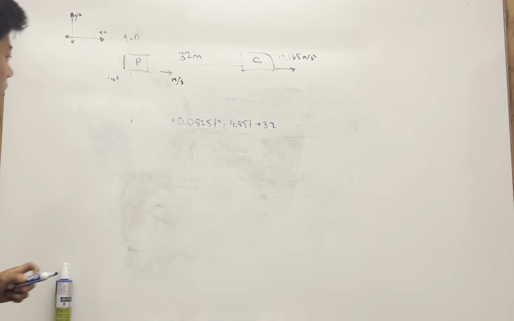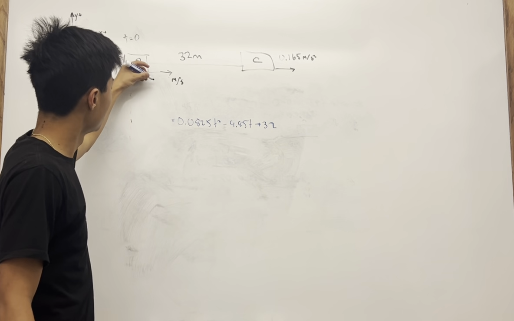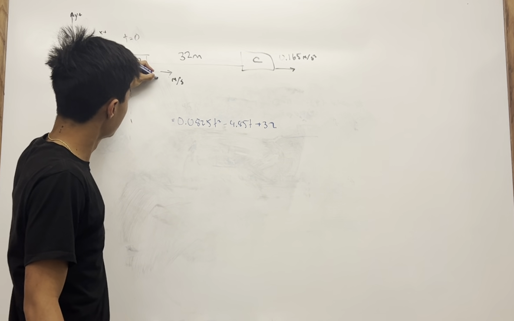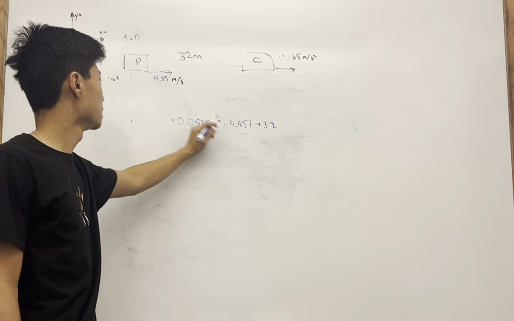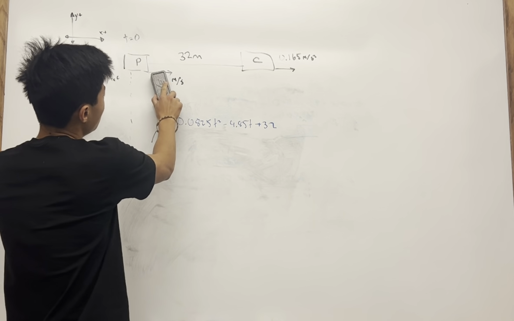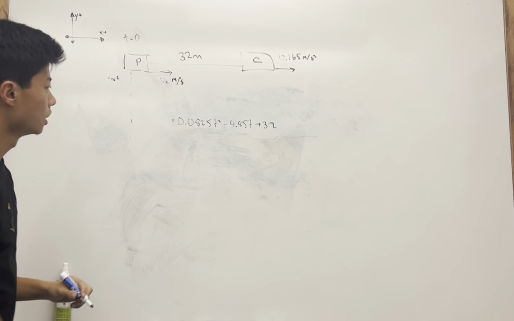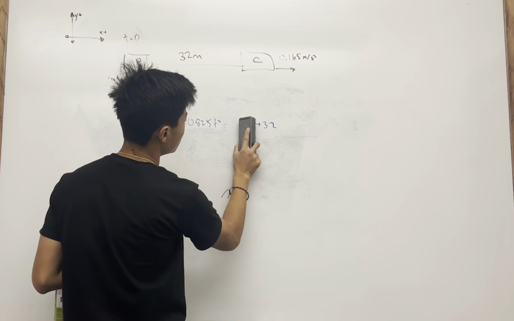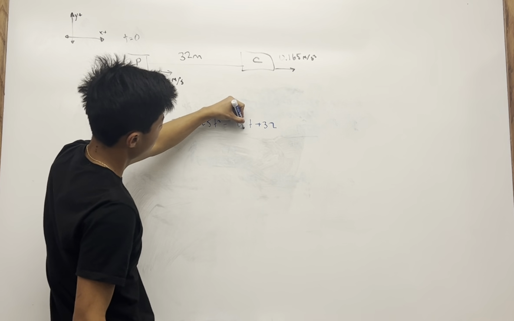Now, in this quadratic equation, this 4.85 right here, we can just substitute this. We're working with an unknown velocity. Let's call it v0, which means that here we're going to put a v0.